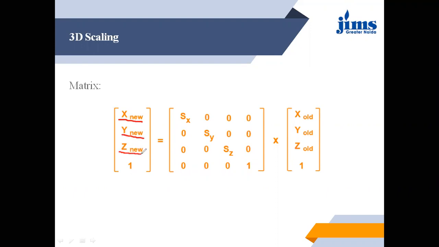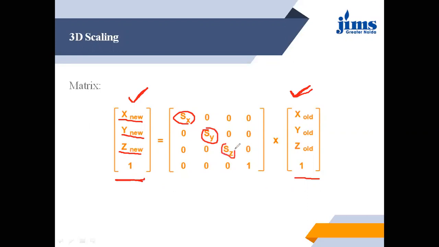We are going to find the matrix of new coordinates based on the matrix of old coordinates. So this is our old matrix, this is the matrix of new coordinates, and this is the scaling factor on the x-axis, the y-axis and the z-axis.